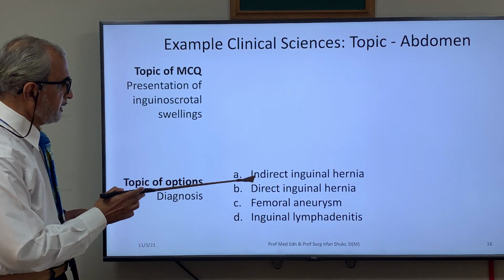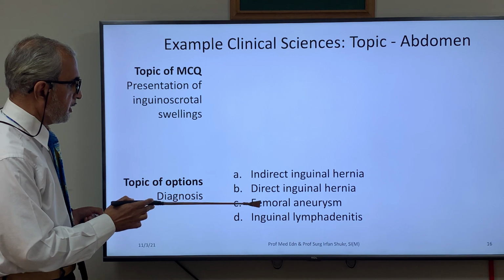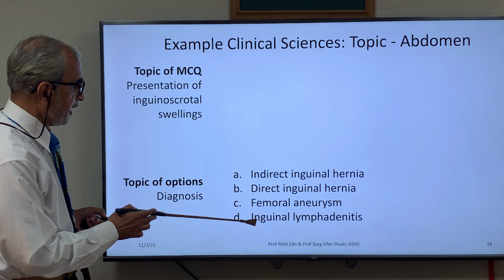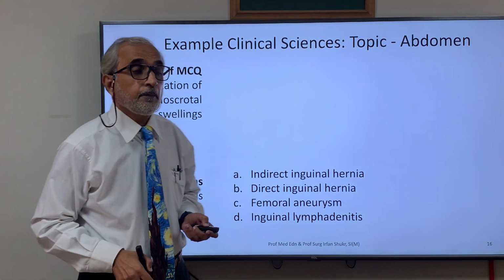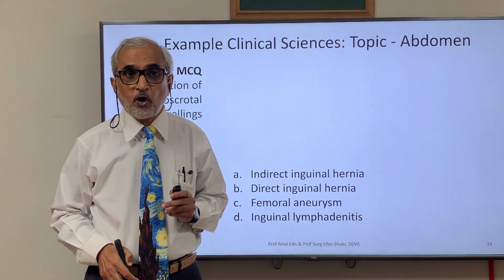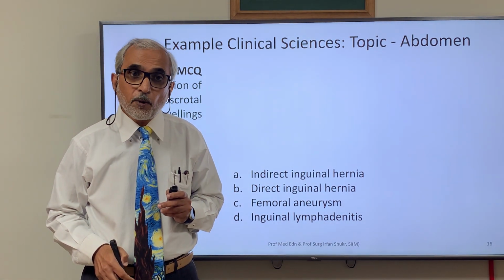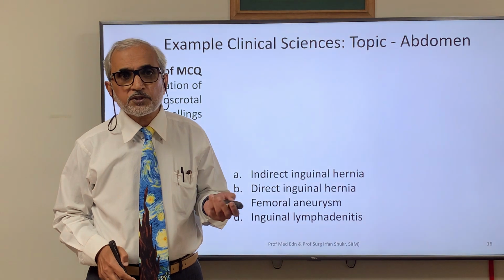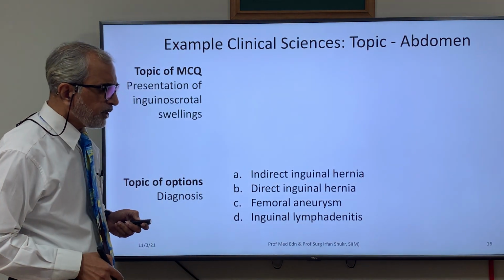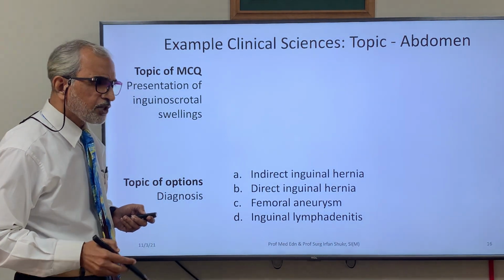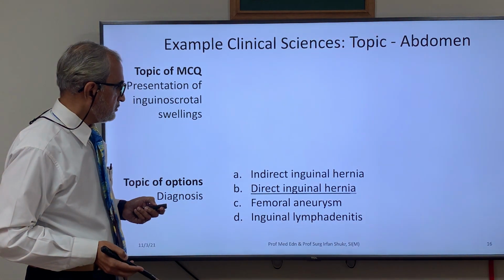So it could be indirect inguinal hernia, direct inguinal hernia, femoral aneurysm, inguinal lymphadenitis. I have written only 4 because this is an MCQ with 4 options. If there is an MCQ with 5 options, then you write 5 diagnoses. After doing this, I am going to just take one answer.